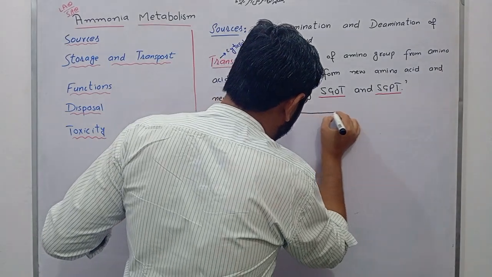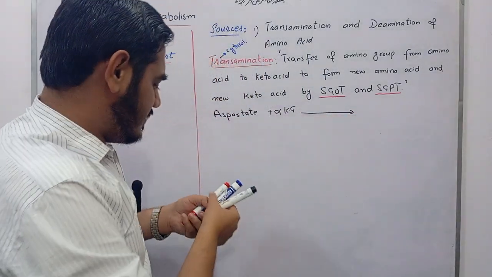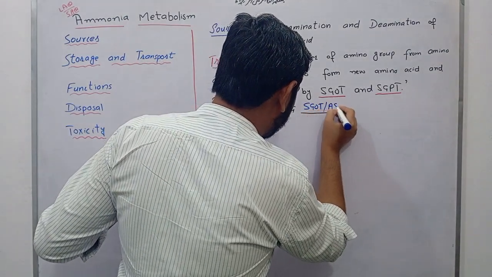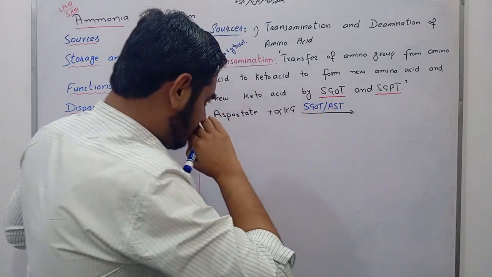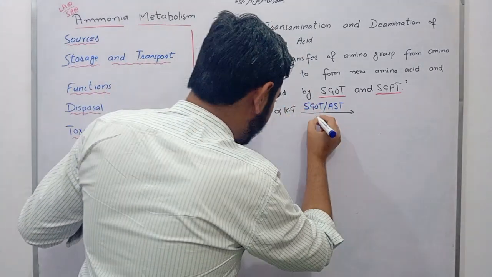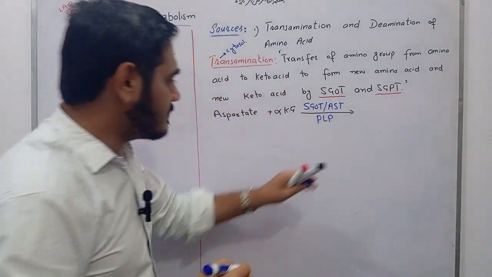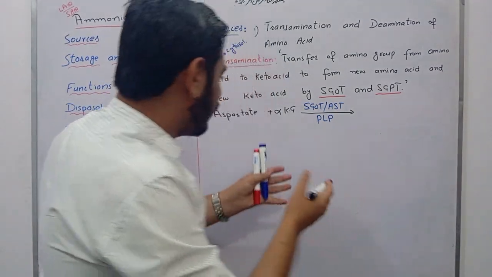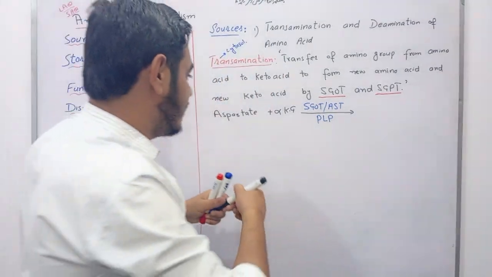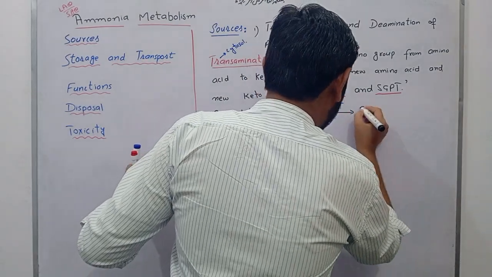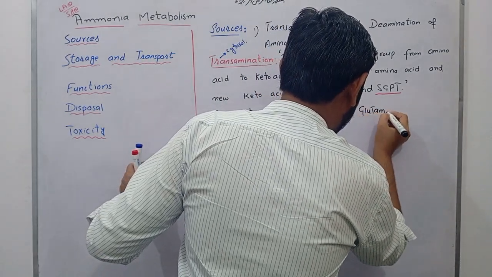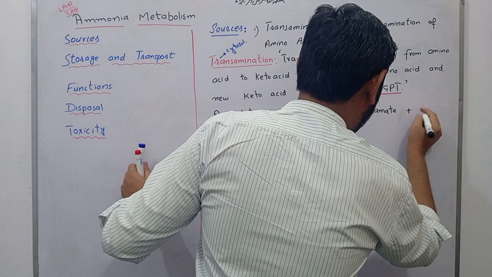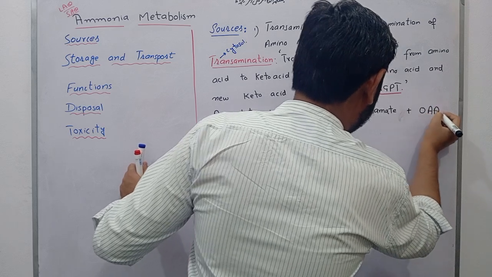With the help of this SGOT enzyme, the name is aspartate transaminase enzyme, and this enzyme requires PLP, that is pyridoxal phosphate, and it leads to the formation of new amino acid and new keto acid, and that are glutamate and oxaloacetic acid.